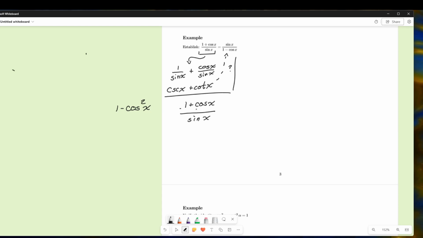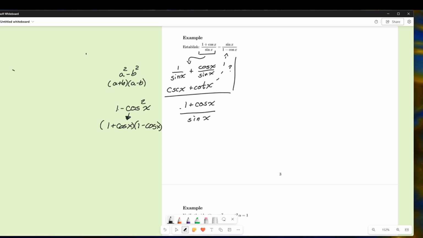And more importantly, this is not cosine squared, this is just cosine. But this is half of our Pythagorean identity. If you remember how to factor a difference of squares, this is 1 plus cosine x times 1 minus cosine x. Because remember, a squared minus b squared is a plus b times a minus b.